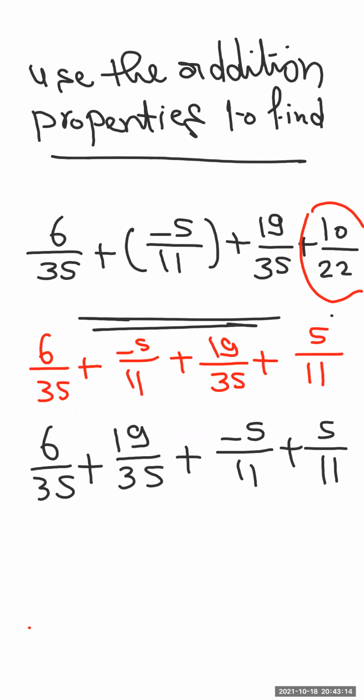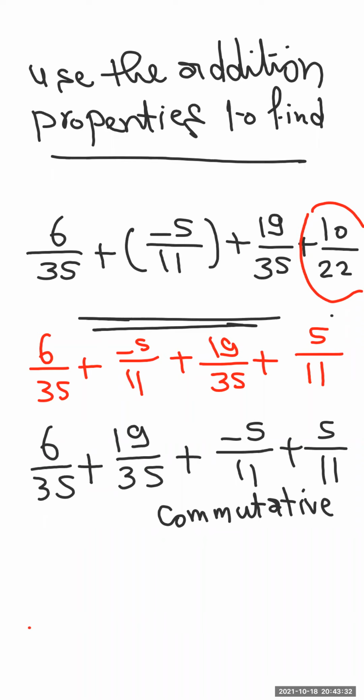This will be the first step, and this one is the commutative property.